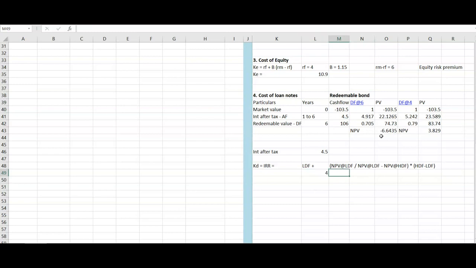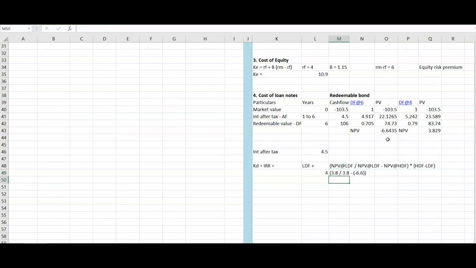Add that number with the NPV at low discount factor, which is this number, 3.8, divided by again 3.8, because again we have a low discount factor, minus, as in the formula. Again there's a minus in the NPV at high discount factor, minus 6.6. Now close the bracket twice.